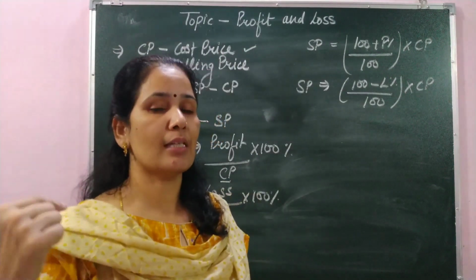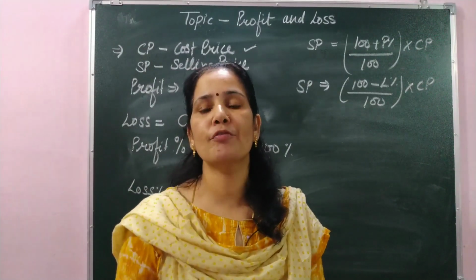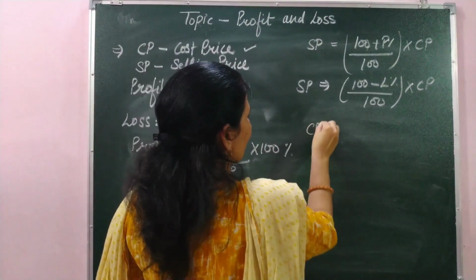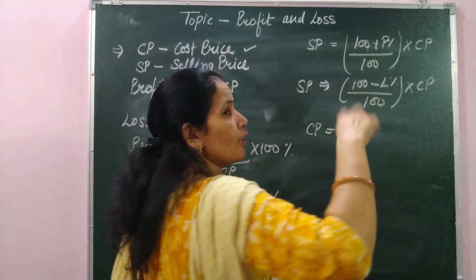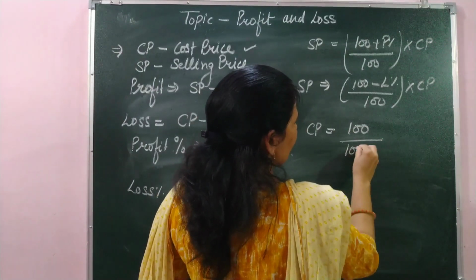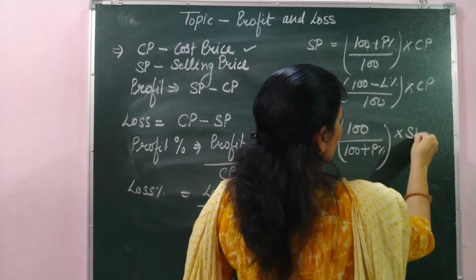Students, if the selling price and the loss or profit percentage are given, and we have to find out the cost price, how to find it? To find the cost price, this term will be inverted. How? 100 upon 100 plus profit percentage, then multiply by SP.